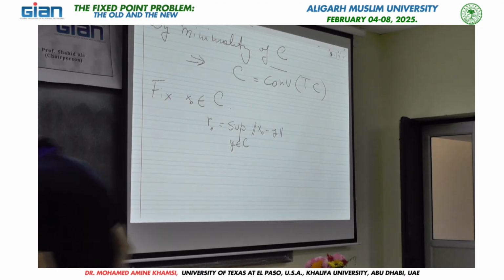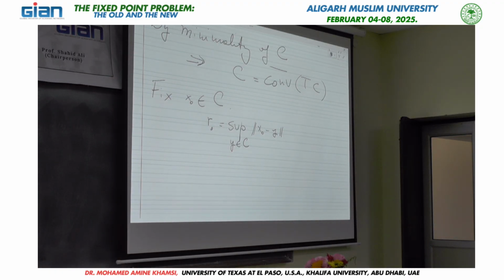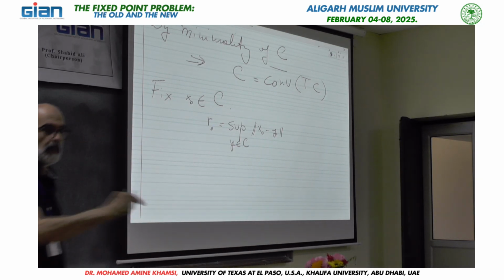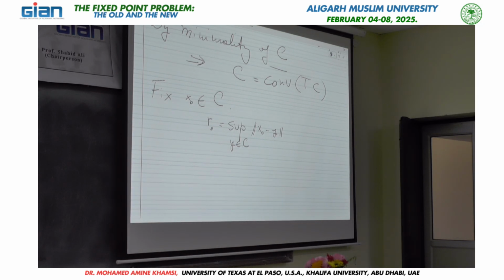Okay, so what does this R0 mean? Now let's play with R0. In light of what I just said, let's reinterpret R0. Ready? Let me show you. So this, in fact, gives me C is included in the closed ball, there is no open ball moving forward, centered at x0 with radius R0.